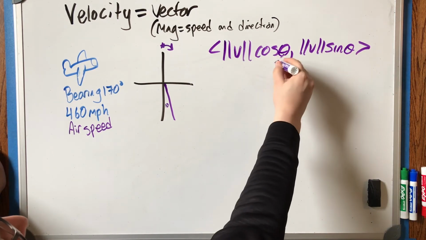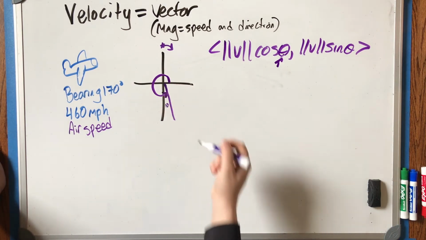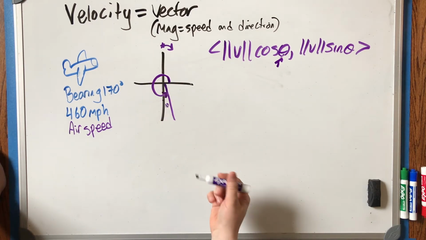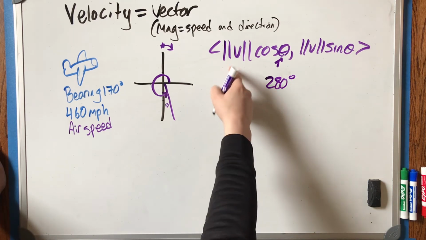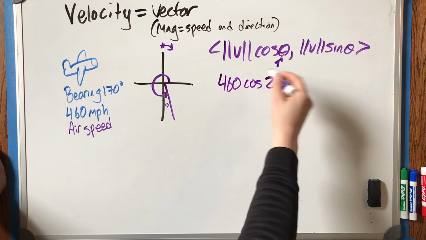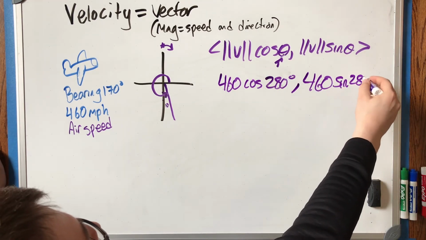But this theta right here is the direction angle theta, so I need to figure out what that angle is. If I start here, this is 90, 180, 270, plus an extra 10. So that's going to be 280 degrees. And then that magnitude is the airspeed. So I can do 460 cosine 280 degrees, 460 sine 280 degrees.